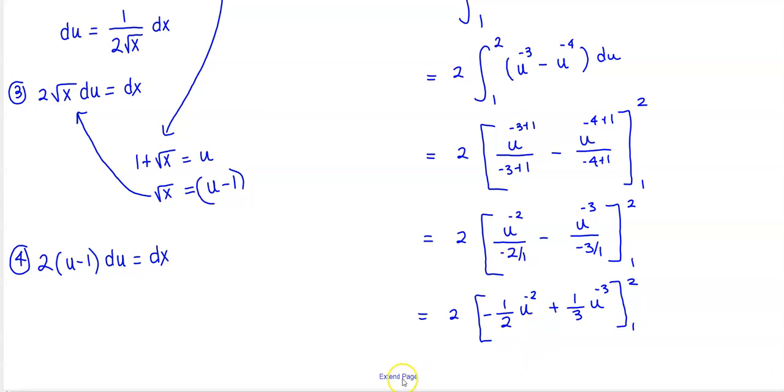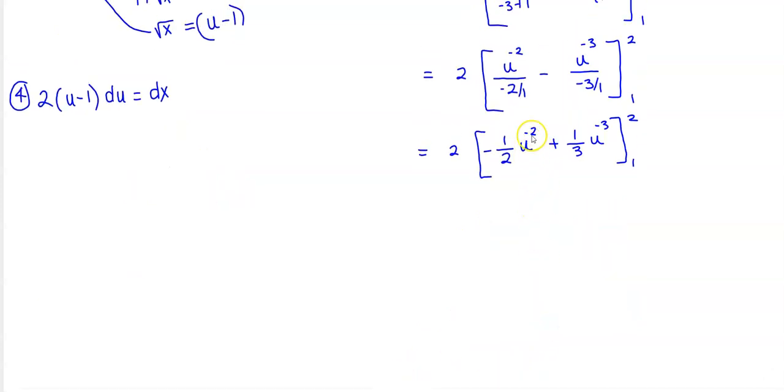Now let's write those negative exponent variables in the denominator. So we end up getting the following: 2 times negative 1 over 2u squared plus 1 over 3u cubed, going from 1 to 2.